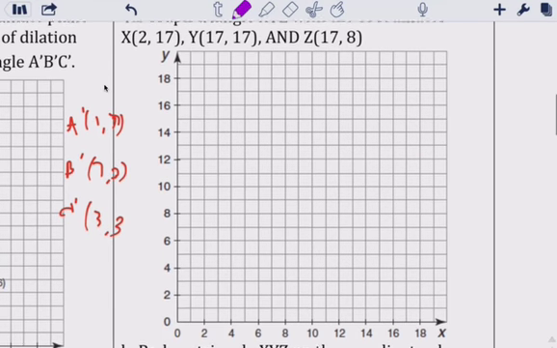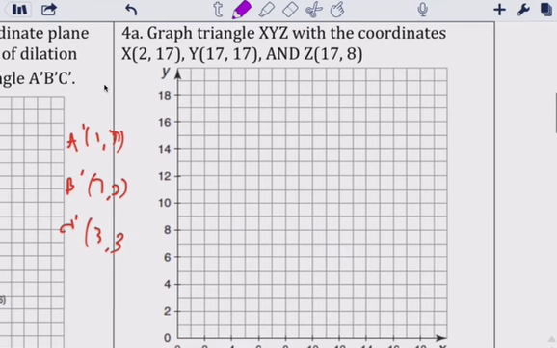X, Y, Z, let's graph that. X is (2, 17), Y is (17, 17), and Z is (17, 8). Make sure I graph right. Count right.